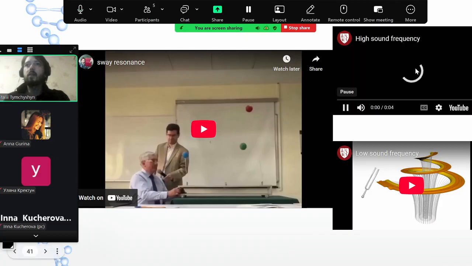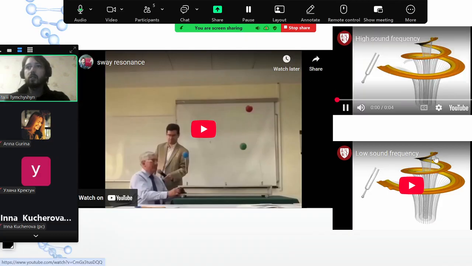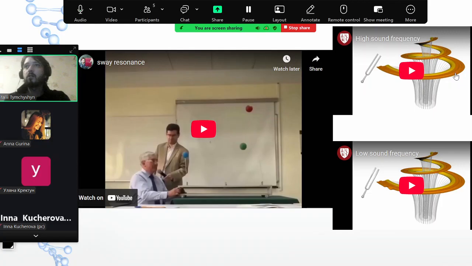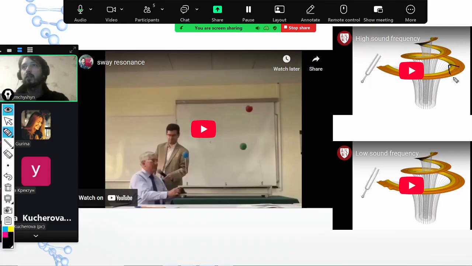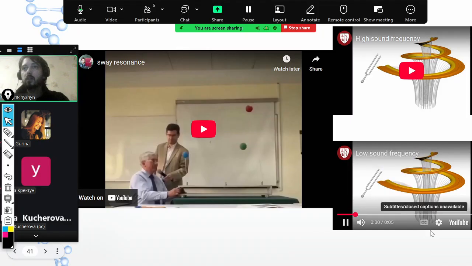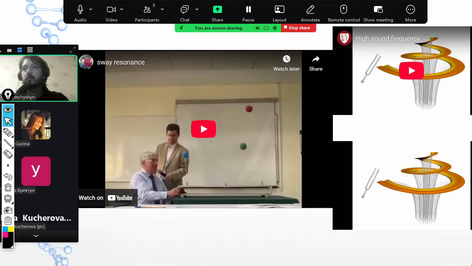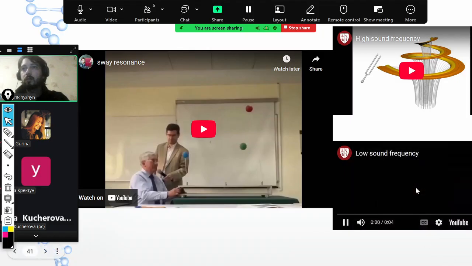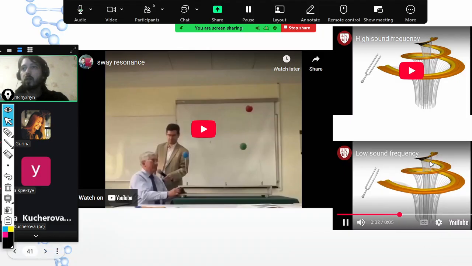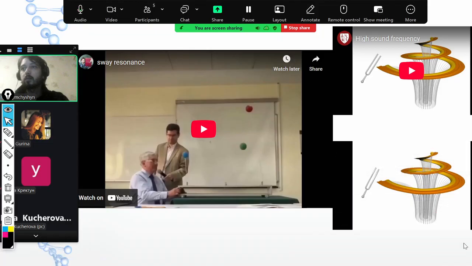And here was an example how that happens in our ears. So here we have that membrane, and here you see the high frequency sound, so something was vibrating somewhere here. And let me check the low frequency sound, what happens. So it should vibrate somewhere over here.